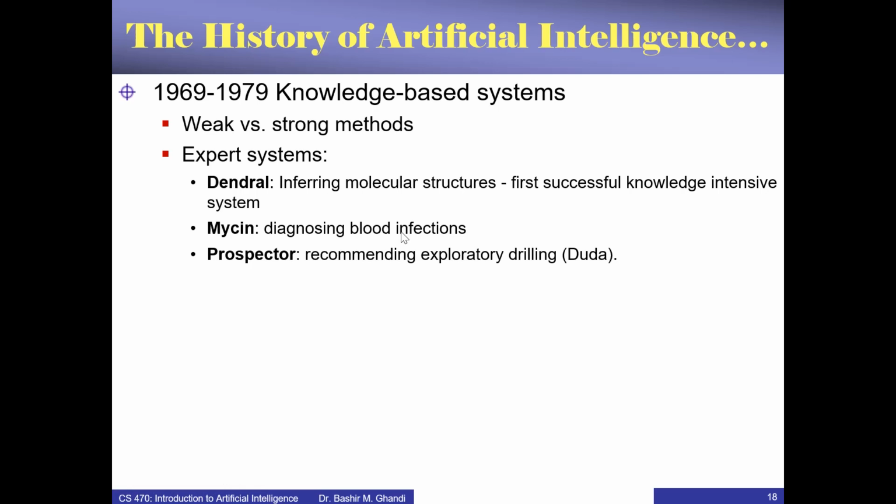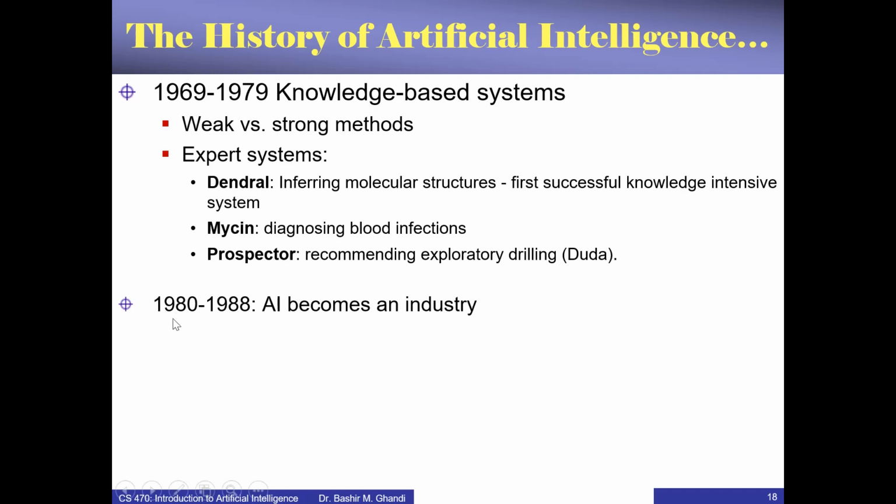This is another expert system that is used for decision making in mineral exploration problems, and so on and so forth. So that was the knowledge-based system period where people really began to use domain-specific knowledge to develop AI programs, which are then referred to as expert systems.